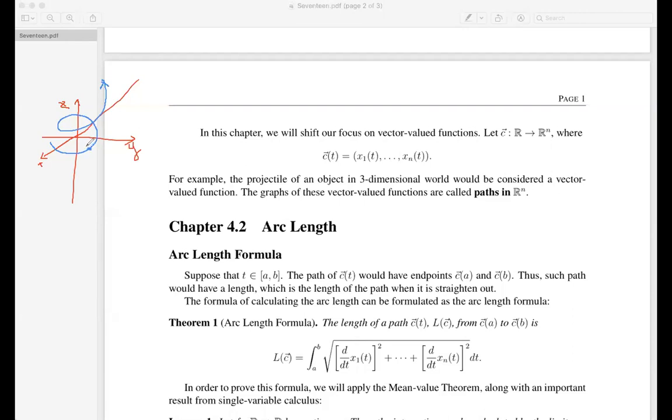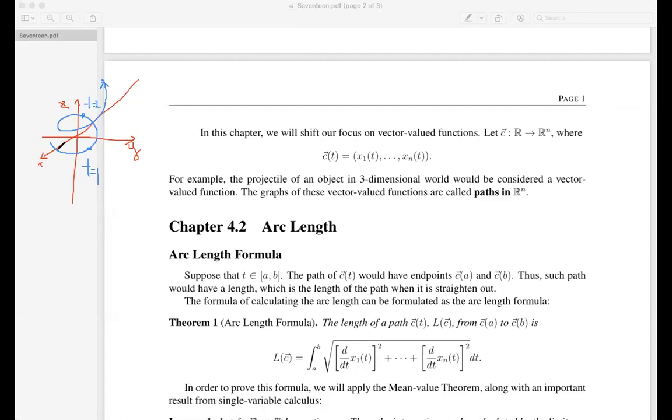Suppose this is at time 1, and this is time 2, etc. And if you straighten out this path, this looks like a line. But it is curved in R3.